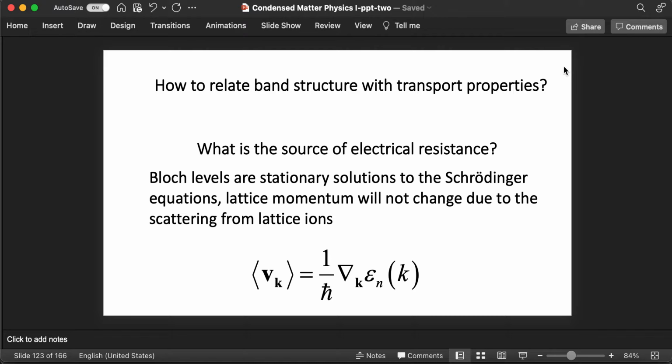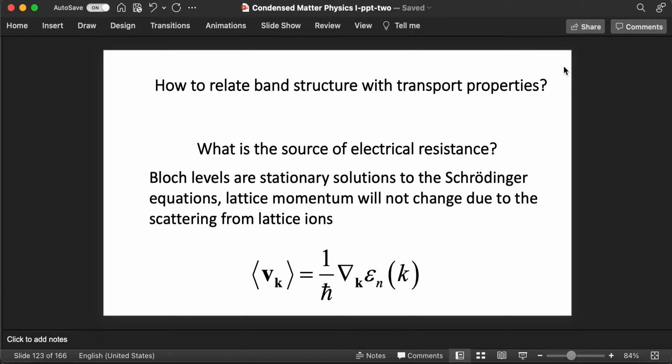So you have an array of oscillators which are vibrating, and because of these vibrations, the periodicity in the lattice will get destroyed. If it's not destroyed, I can say it gets disturbed. So the periodicity gets disturbed, and at high temperatures the vibrations will be more, and therefore the deviations from the periodicity will be much higher.